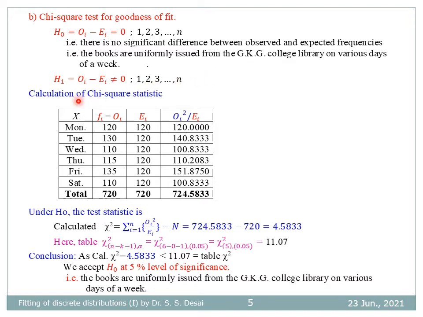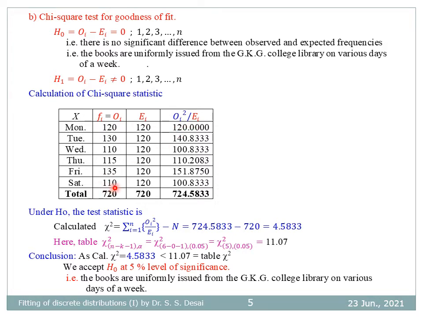Now calculation of the chi-square statistic. We have the values in terms of days, observed frequencies, and expected frequencies, and under H0 the test statistic is chi-square equal to summation of Oi square by Ei minus n. To obtain this summation of Oi square by Ei, we prepare this column Oi square by Ei. So 120 square divided by 120 is 120 here.